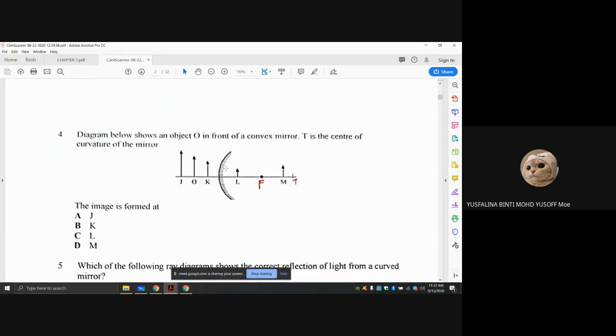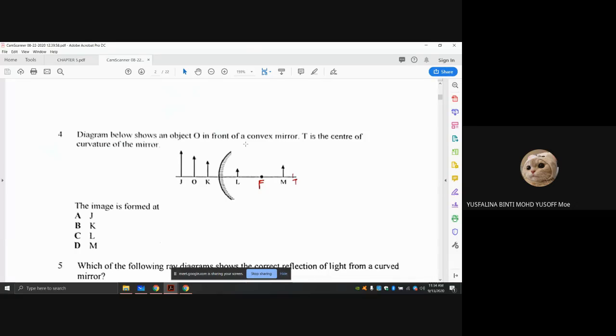Right, for number 4, convex mirror. They are asking where the image forms for the convex mirror. So you already know, right? The convex mirror only has one ray diagram. So wherever the object is, the image will always be the same.